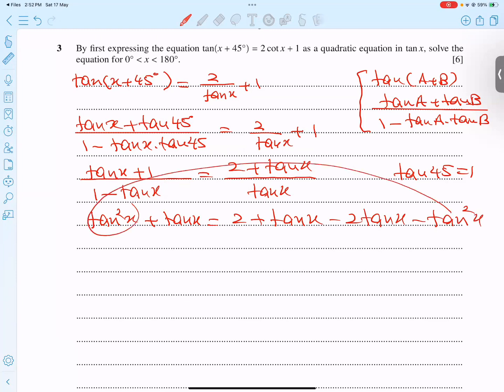It goes there, becomes what? 2 tan square x. Tan x cancels. This goes to this side. I got a positive 2 tan x and negative 2 equals 0. Okay, now students, what to do? Just a minute. 2 ones are 2.